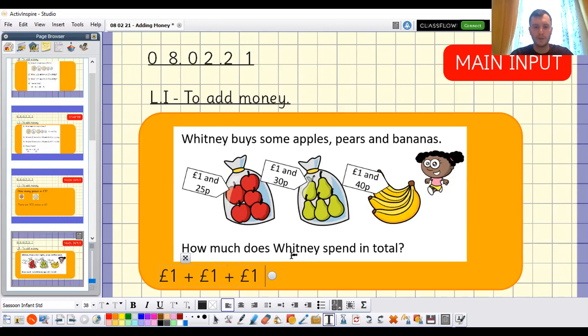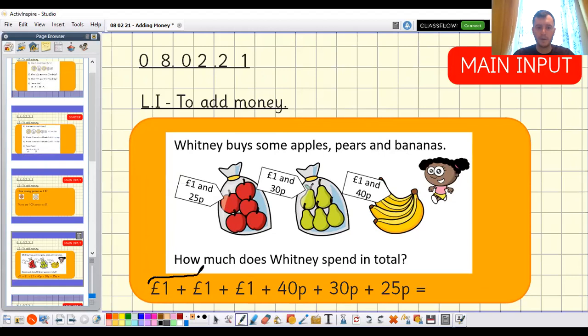Now I'm going to do the pence. I'm going to start with the biggest one actually, because I usually find that easier. So I'm going to start with 40 pence plus 30 pence plus 25 pence. And what's that equal to? 40 pence plus 30 pence would be 70, plus 25 extra, that would be 95.